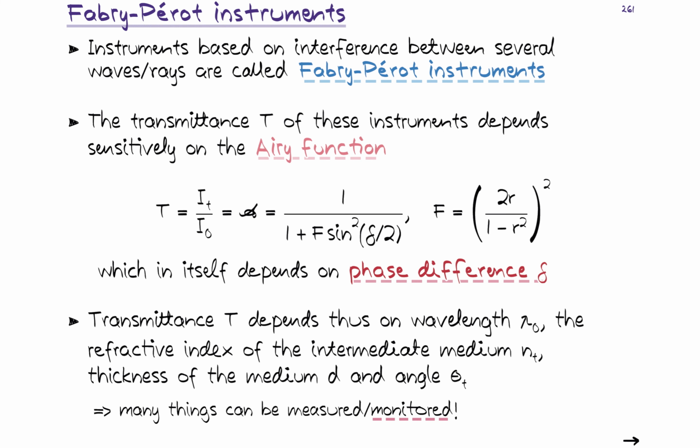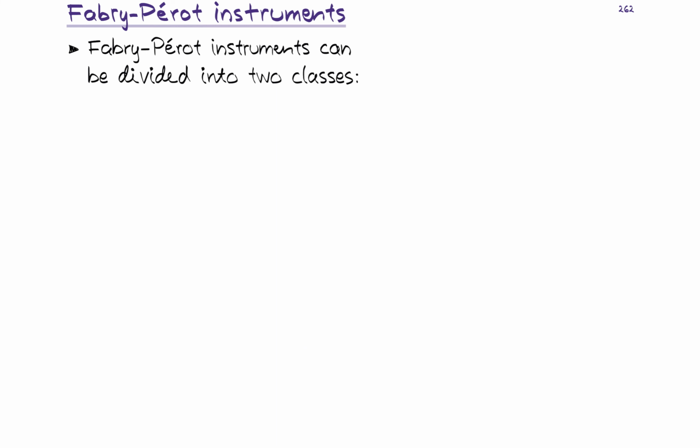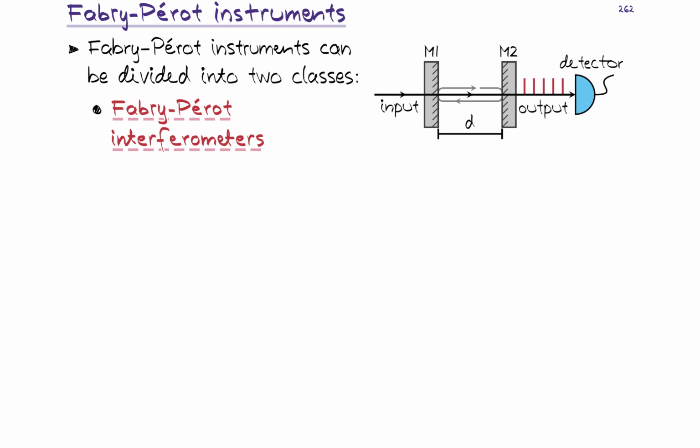And this I can do quite cheaply and quite accurately by using these kind of Fabry-Perot instruments, many times simply an etalon structure. So this FP instrumentation, Fabry-Perot instrumentation, can be divided into two different classes. First of all, there are interferometers, where we could think that we are basically adjusting the term n_T times d.